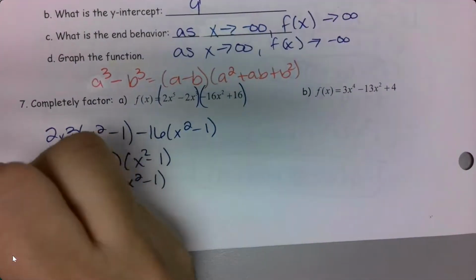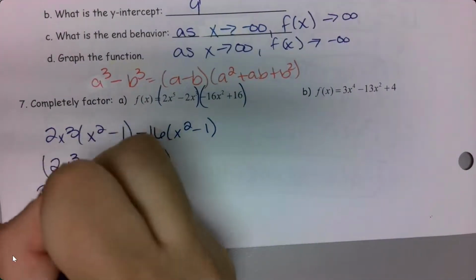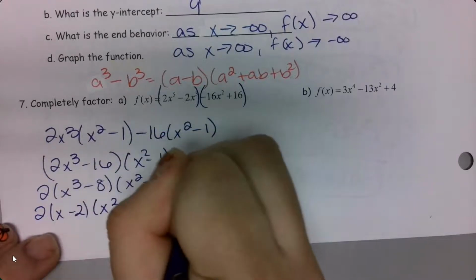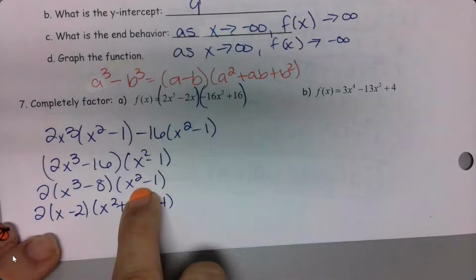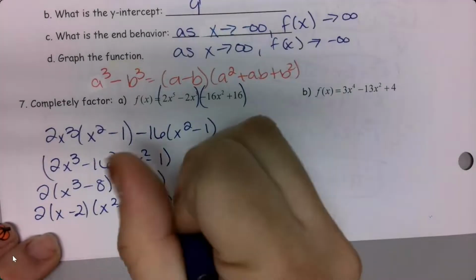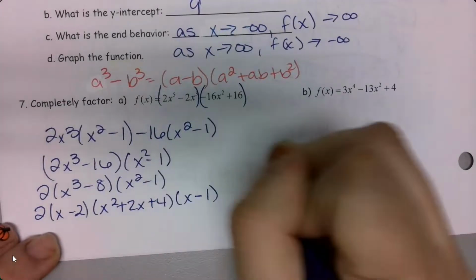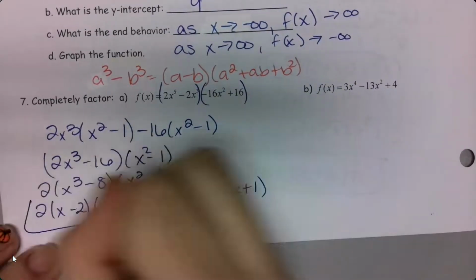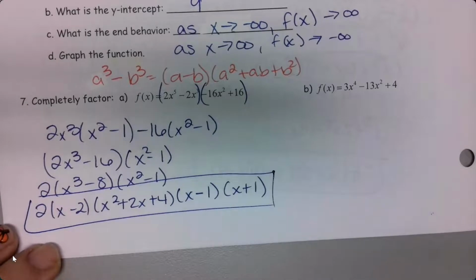So I'm going to split that up. It's going to turn into x minus 2, then x squared plus 2x plus 4. And then my x squared minus 1 is the difference of squares. Those are both perfect squares. So I'm going to have x minus 1, x plus 1. And this is as factored as my answer gets.